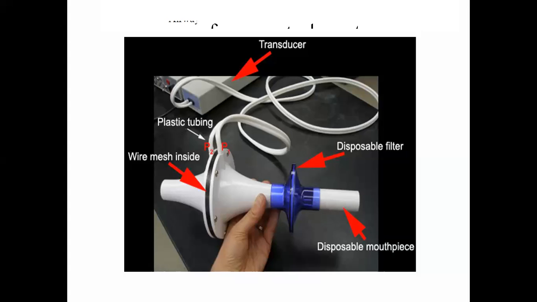The differential pressure transducer gives an electrical signal that is proportional to the difference of these two pressures. Like that we can measure the air which is expelled through the mouth. It will be allowed to pass through this filter, and there is a small opening inside. How much pressure is coming in and going outside, that difference will be measured by a differential pressure transducer.